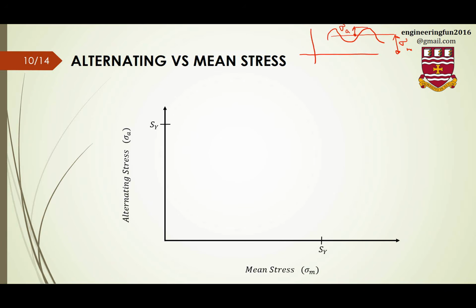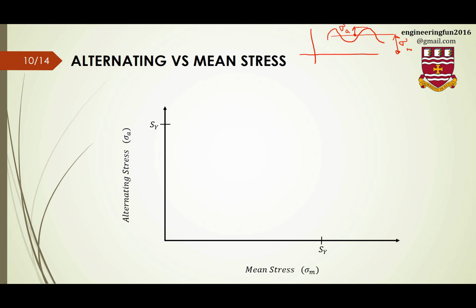When mean stress is 0, it means that we don't have any offset, so we are oscillating around the x-axis. So that's a completely reversed scenario. When alternating stress is 0, that means we don't have any amplitude, so that's the static type of loading. There is no fluctuation.